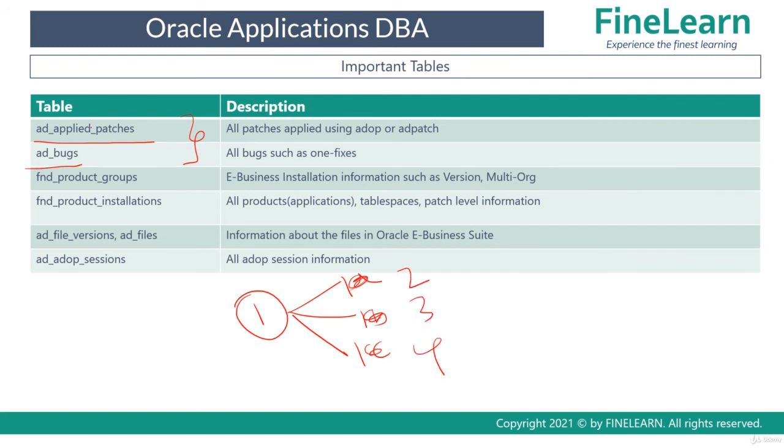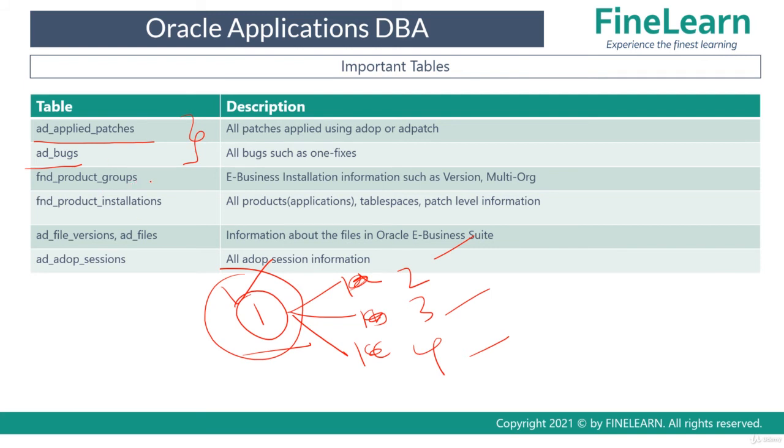When you are querying AD_APPLIED_PATCHES, you will see information about only 1, because that is the patch you actually applied using ADOP or adpatch. But AD_BUGS contains information about not only 1, but also 2, 3, 4, because these are one-off bug fixes which are fixed by patch 1. So AD_BUGS is usually the best way to query whether a specific patch is applied or not.